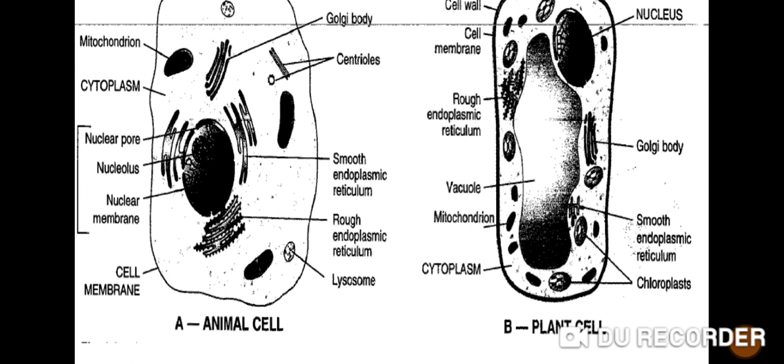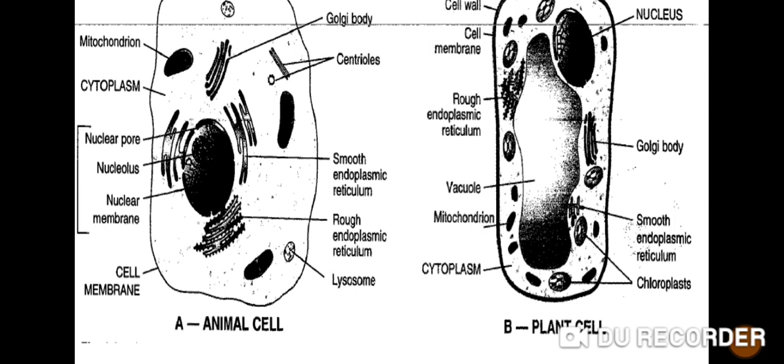Then we have the endoplasmic reticulum, which is the skeleton of a cell, extending from the nuclear pore to the cell membrane. They are tubular in nature, and if ribosomes are attached to the endoplasmic reticulum, it is called rough endoplasmic reticulum.